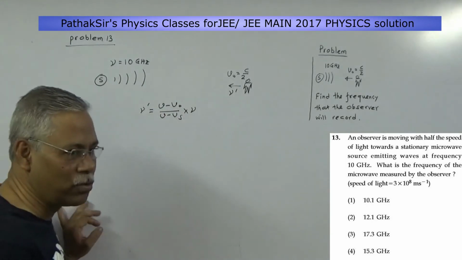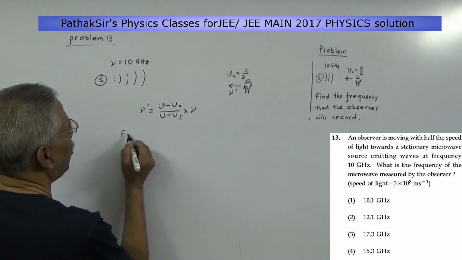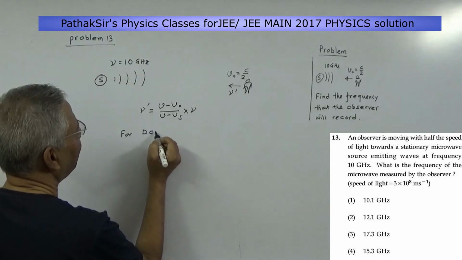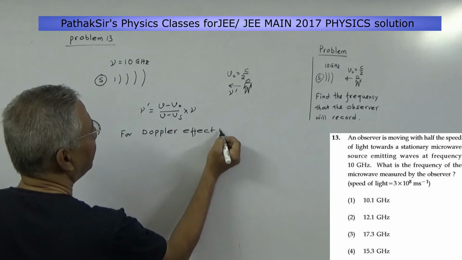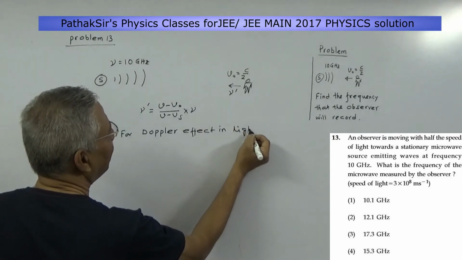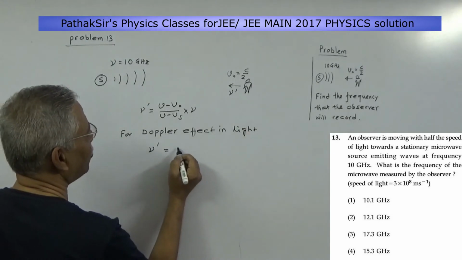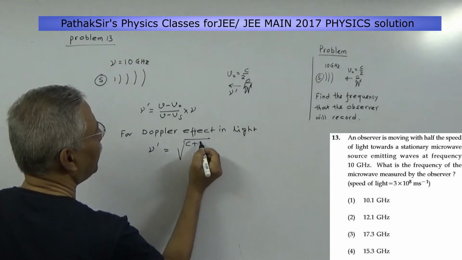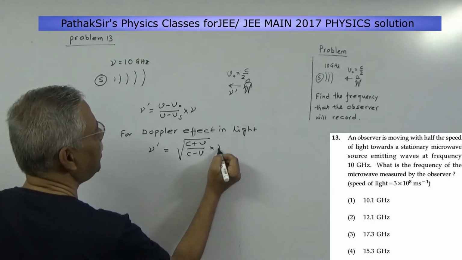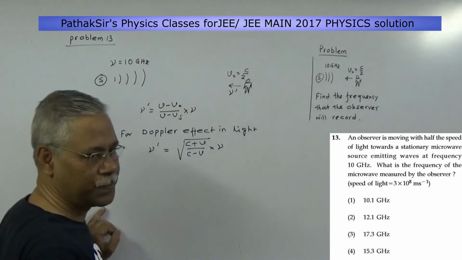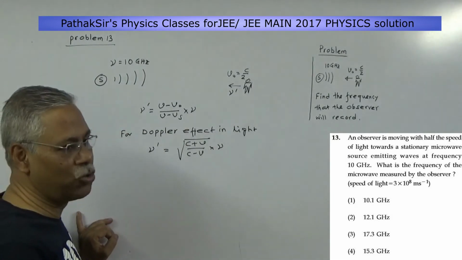We use the formula for the Doppler effect in light: nu dash equal to root over (C plus v) by (C minus v) into nu.